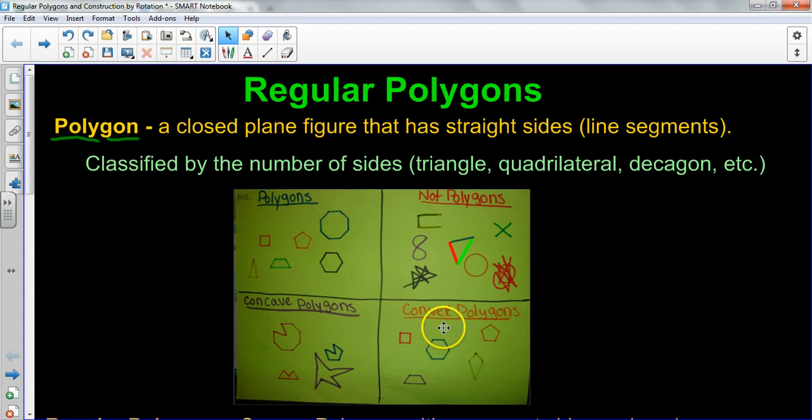Which would be a convex shape. So concave means a side of a convex shape looks like it got caved in to make that shape. That's how I think of it, at least. Convex means it's kind of what I consider like a blown out shape, right? All the sides are out. Okay? So that's the difference between concave and convex, and we also classify polygons by the number of sides, and we name them that way.